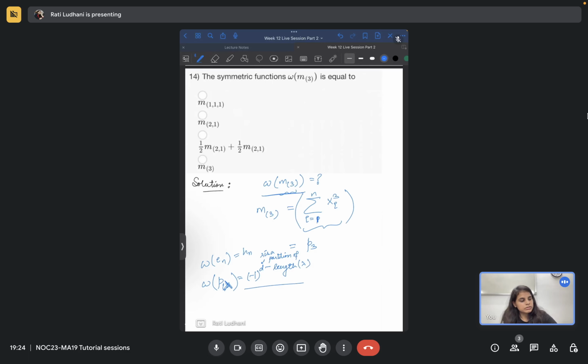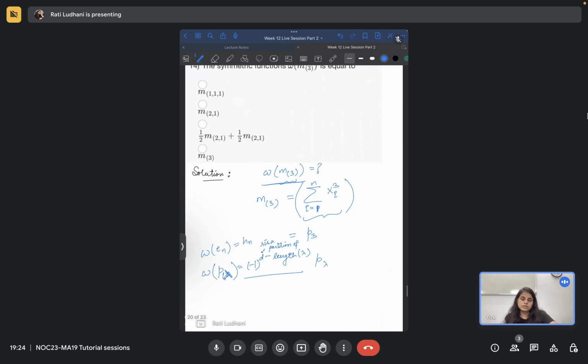This was the formula. So what omega does to p lambda is it will just make it minus p lambda or just plus p lambda.